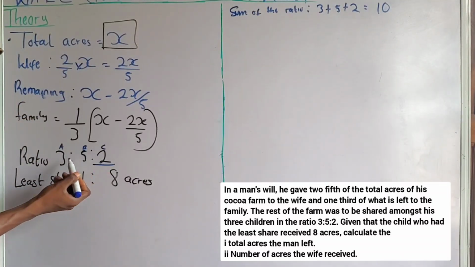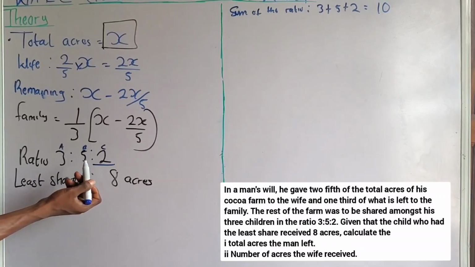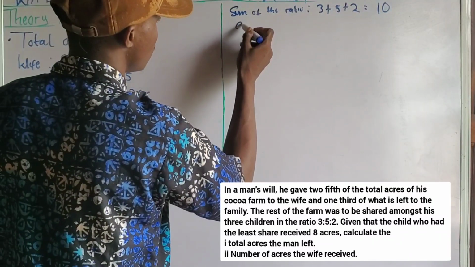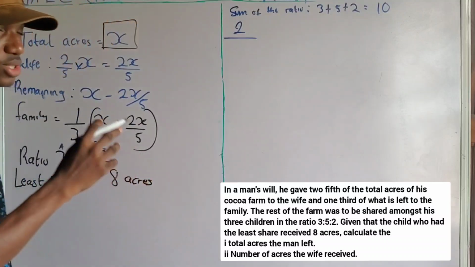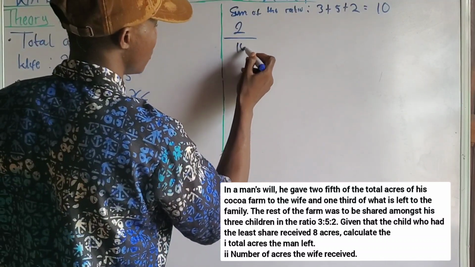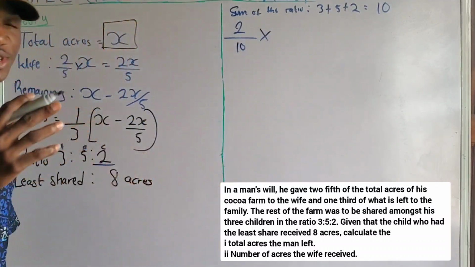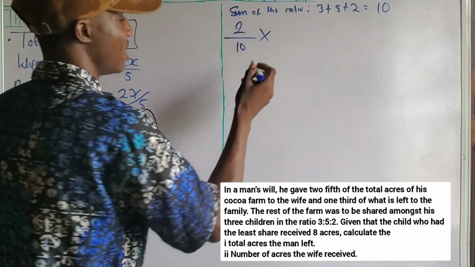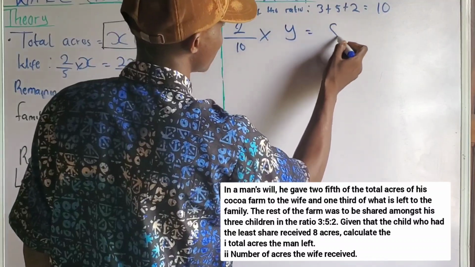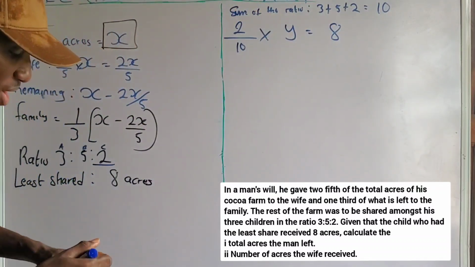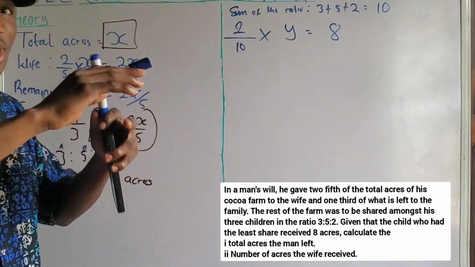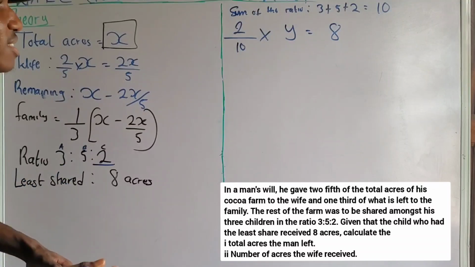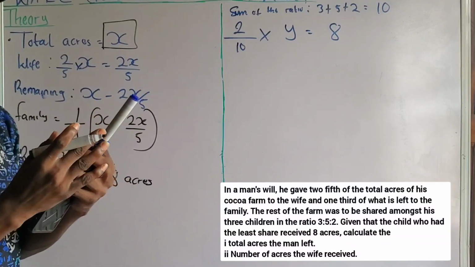With respect to the explanation I made earlier, we know it is C that will receive the least share. So I'm going to have 2 all over the total ratio, 10, multiplied by the share that the children received. We don't know it, so let us represent that share with y. Multiplied by y equals 8. You understand? Where y is the total share of the children, the acres that the children receive.